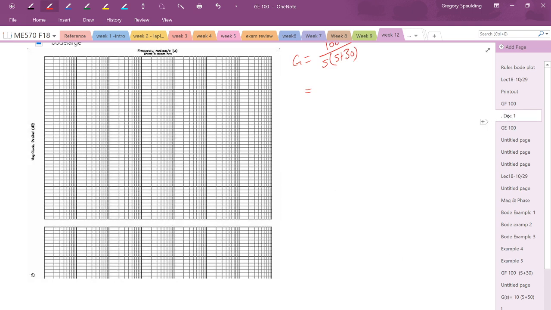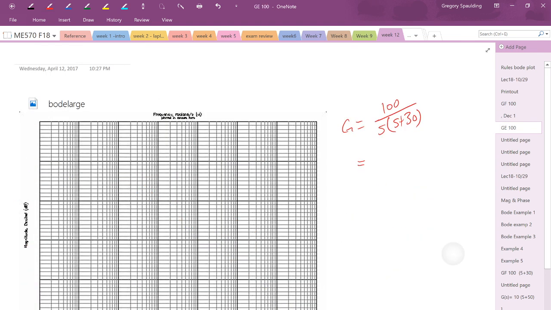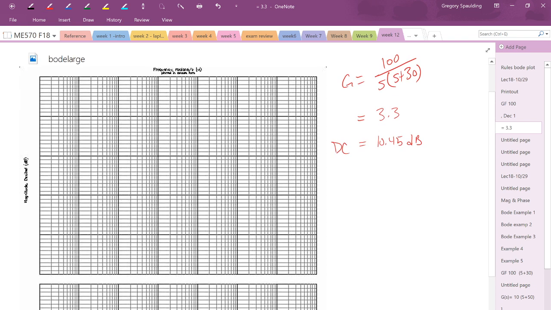We can look back here, and it was 3.3, or in dB, 10.45 dB. DC gain.